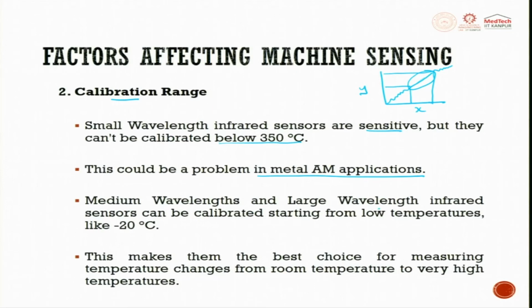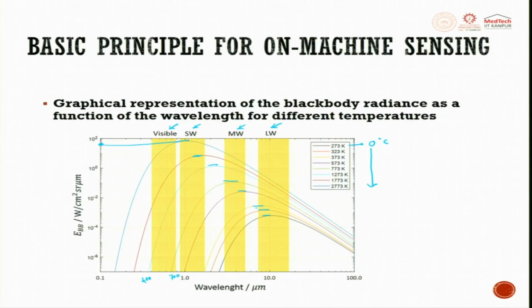Medium wavelength and large wavelength infrared sensors can be calibrated starting from as low as minus 20 degrees Celsius to as high as 800-900 degrees Celsius. This makes medium wave and large wavelength infrared the best choice for measuring temperature change from room temperature to very high temperature. So, now let us go back and understand what is this medium wave.